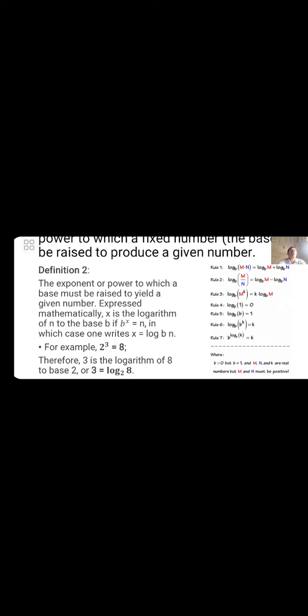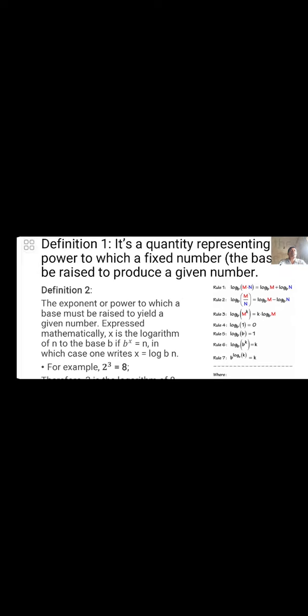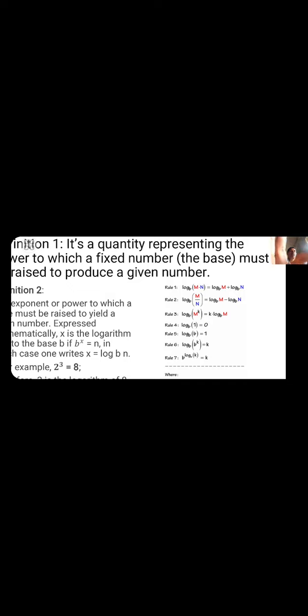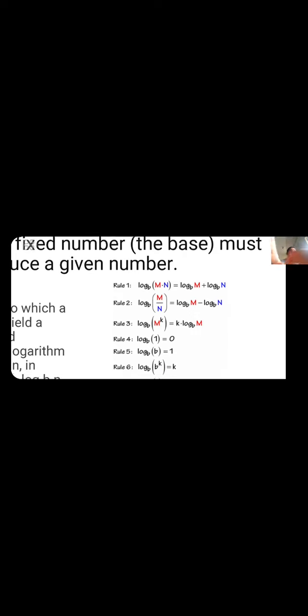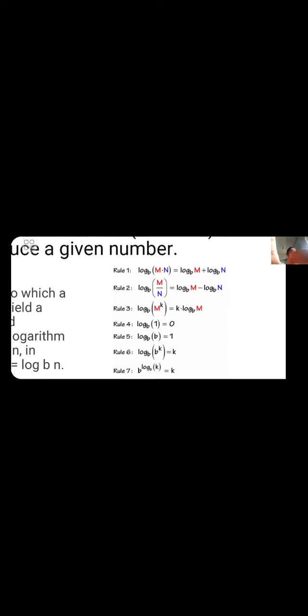So in logarithms we have some rules, or we can say properties, or we can say formulas also. So here a few formulas are given. Let us read them. The first one is, see the right side, the PPT: log m into n to the base b.